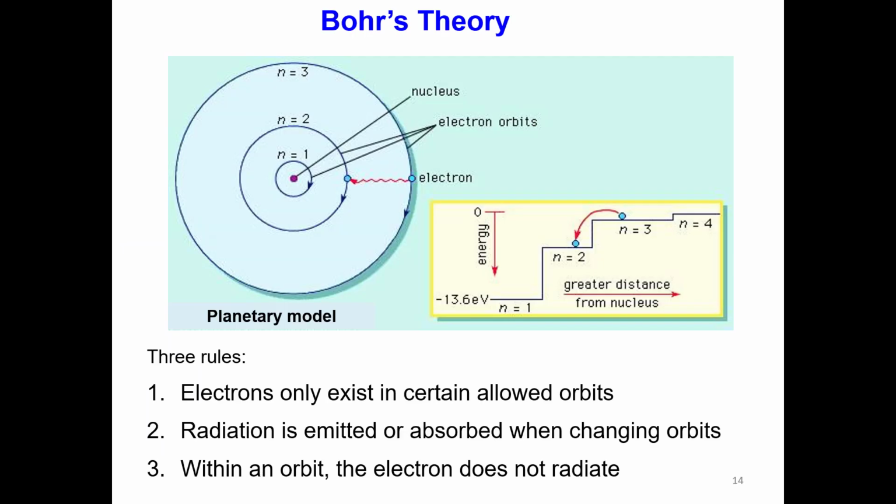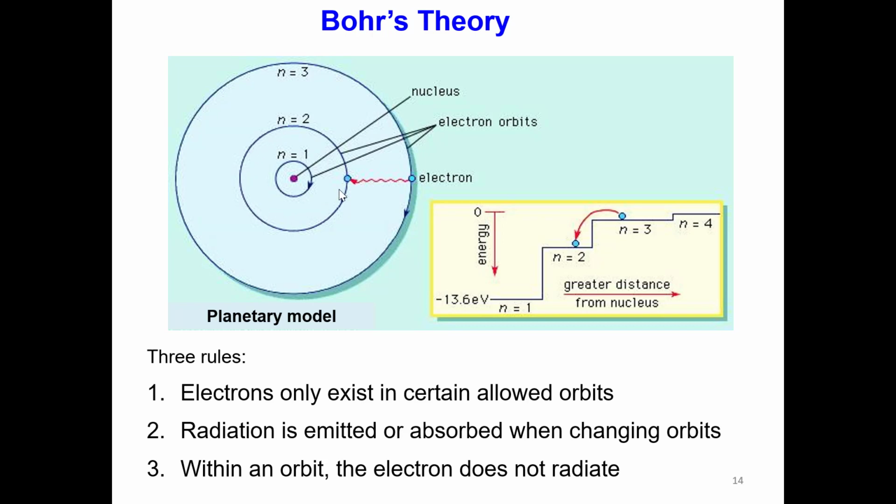And what he proposed was this model. He said the electrons can be just in some particular orbits. It's not any orbit. The electron can stay in some particular orbit. When we say orbit, it's related to some particular energy.